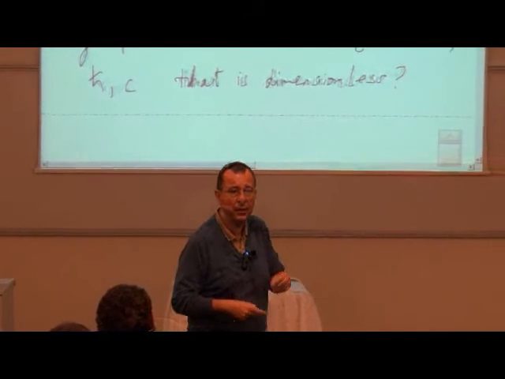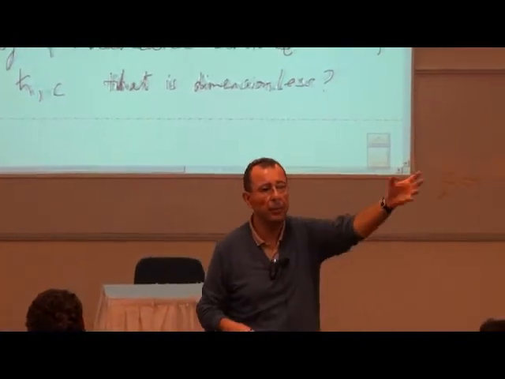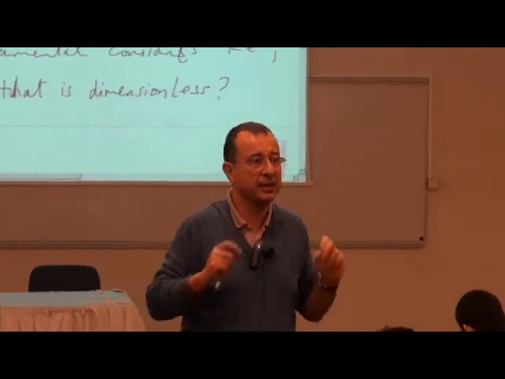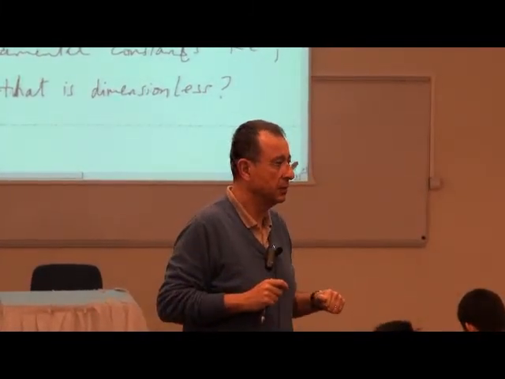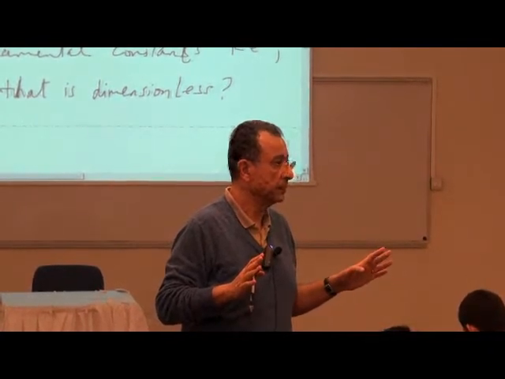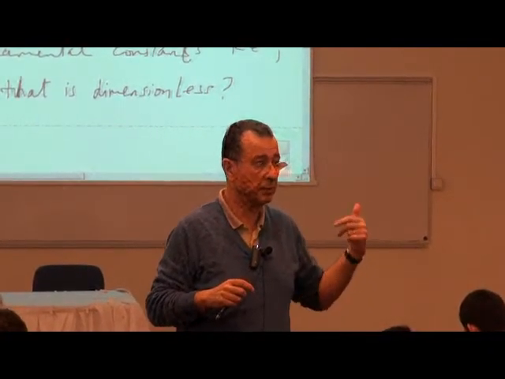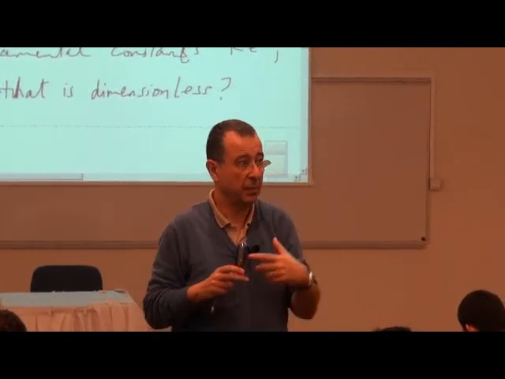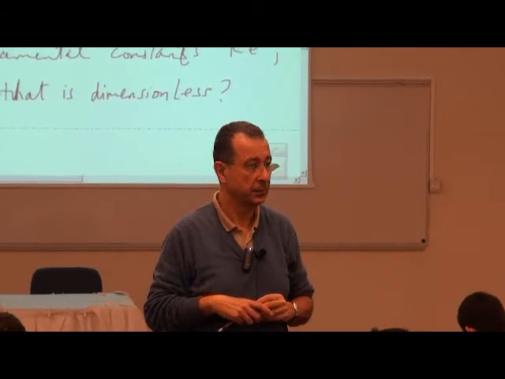Now I'm asking the question, if I put in h bar and c and compare with Ke squared, the electric force, is there some number I can fish out which will have no units? And that's going to be important because that number will tell me something about nature. It will not depend on my way of measurement. Clear?